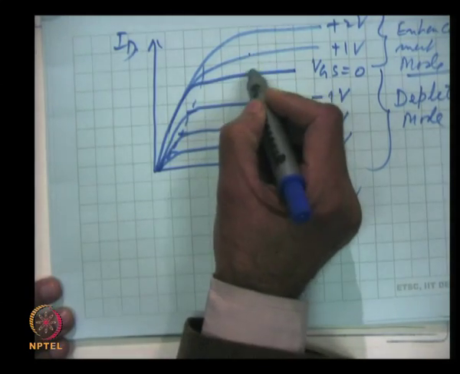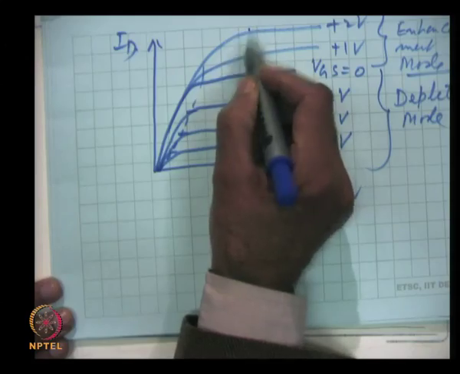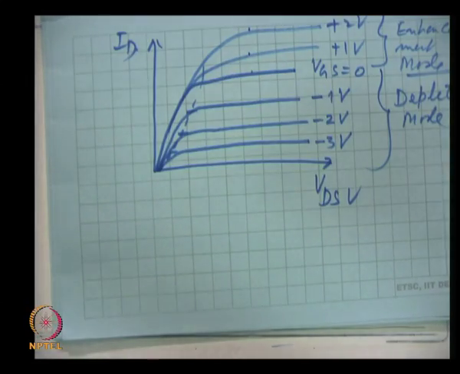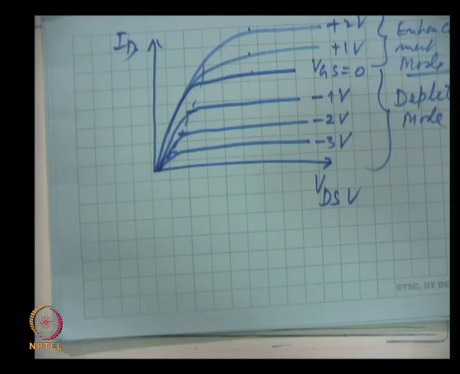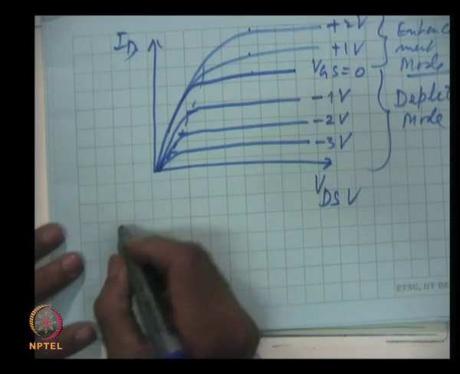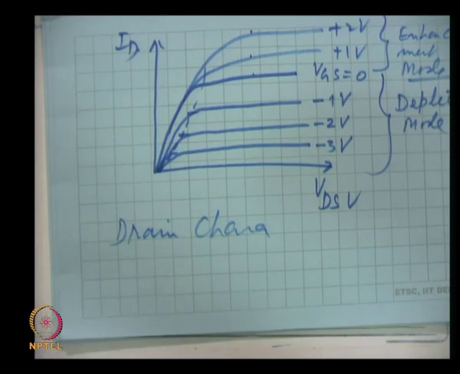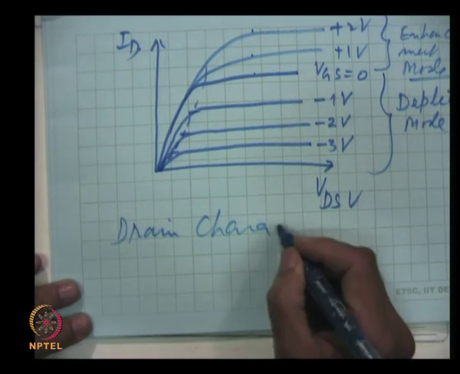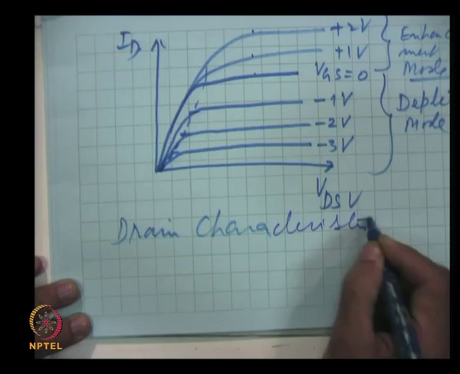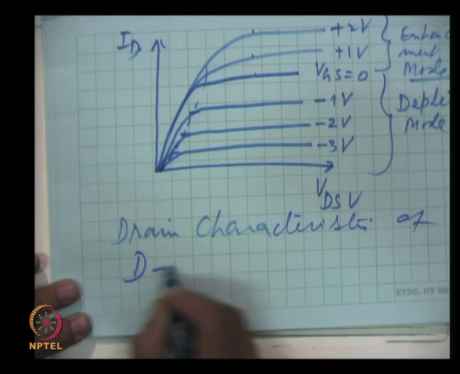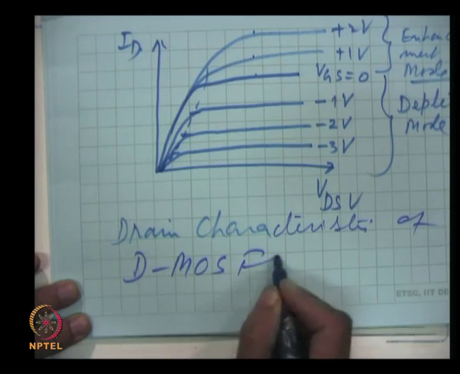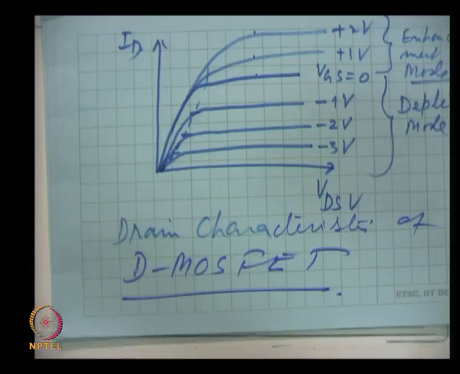This is higher than this, and this is higher than this. So, these are the characteristics of a depletion MOSFET, drain characteristics of D-MOSFET. We will continue our discussion on MOSFETs.